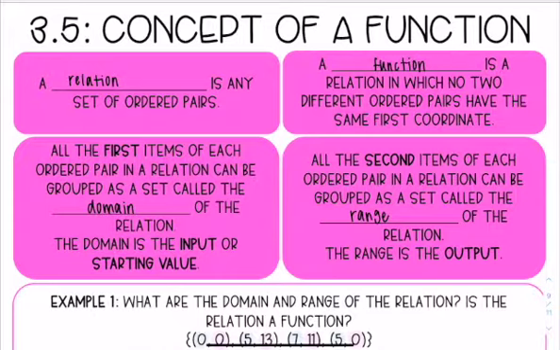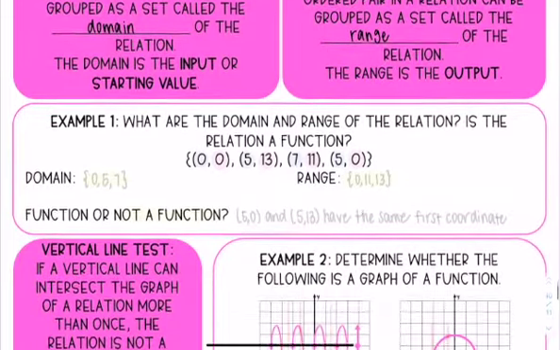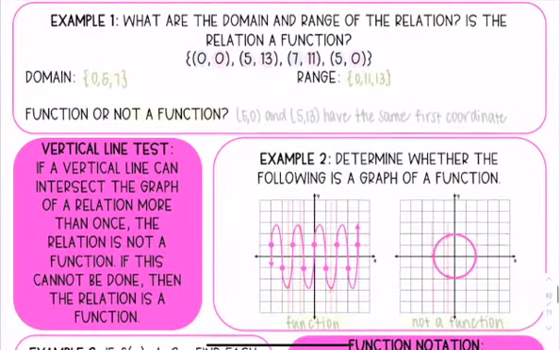So what are the domain and range of the relation, and is the relation a function? So the domain of (0, 0), (5, 13), (7, 11), and (5, 0) are going to be all of our x values. So 0, 5, 7, and we already have 5 listed once, so we will only need to list it one time, even though it occurs twice.